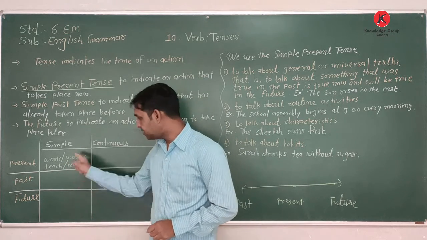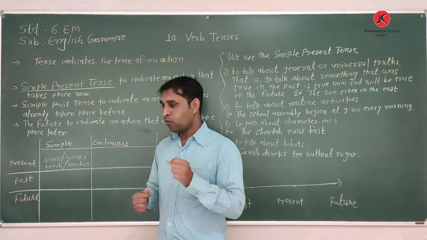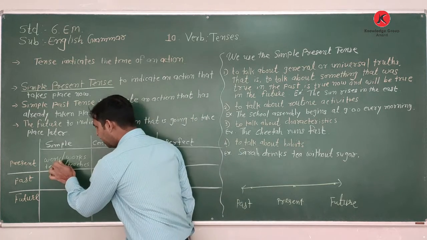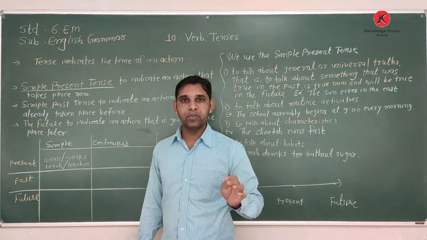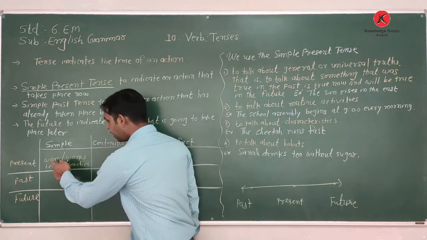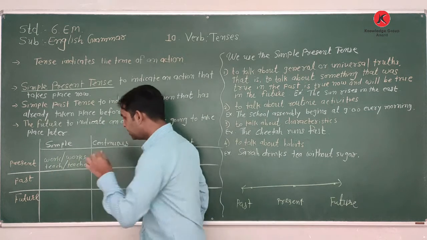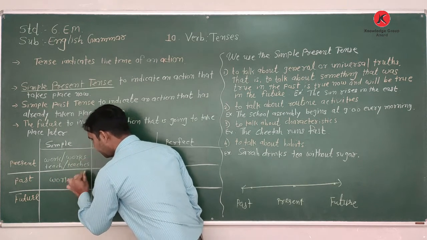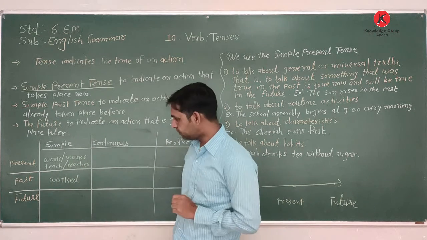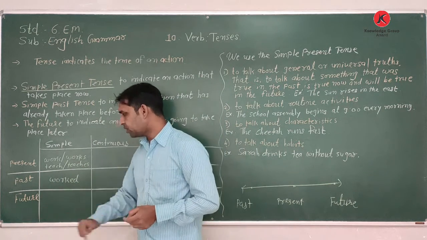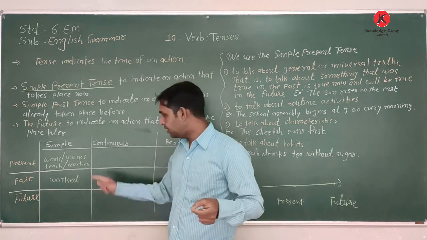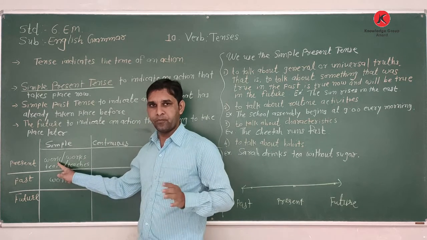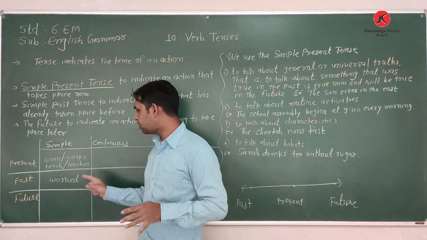But in simple past tense, what do we do? We use only the past form of the verb. If the given verb is work, we write worked. In the same way, in future tense we write the main verb and don't add s or es or the past form.